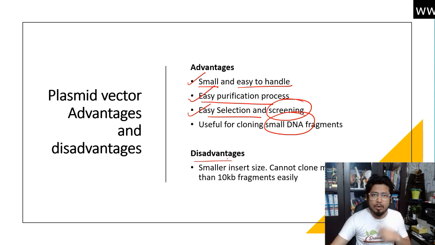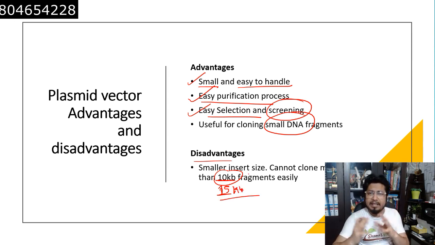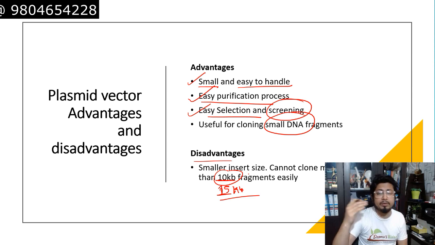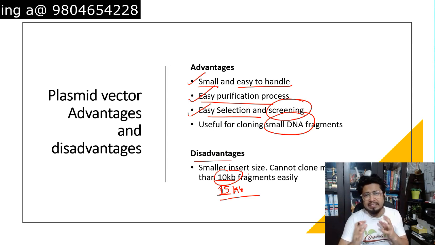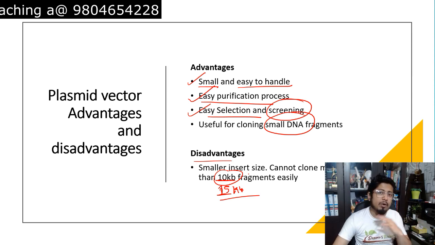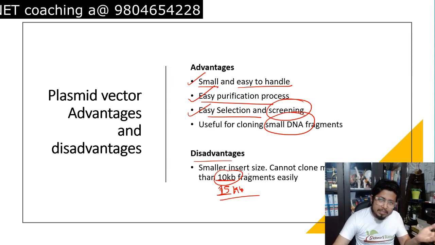What is the disadvantage? The only disadvantage is the insert size. The insert size cannot be more than, I can write, cannot be more than 15 kb. I can write 15 kb, not 10, 15 kb. Okay, generally if you try to clone a sequence more than 10 kb in length, if you try to insert it and amplify it via molecular cloning using a plasmid, then it causes problems. It can cause problems in terms of recombinant plasmid formation.